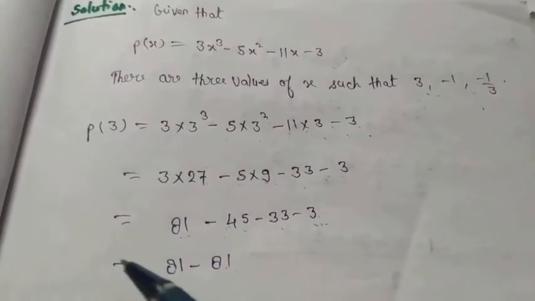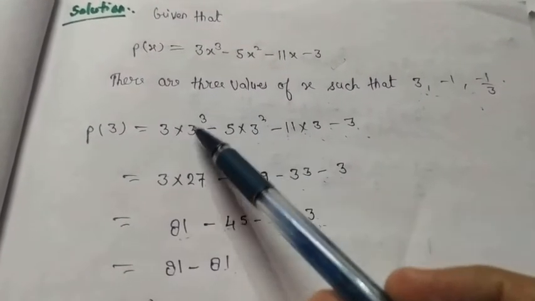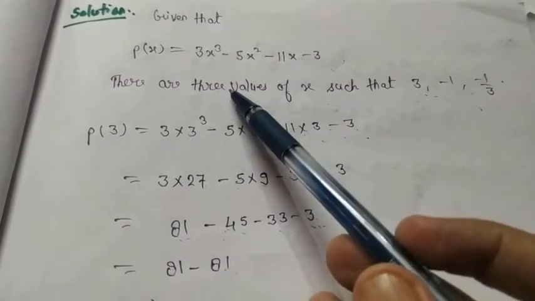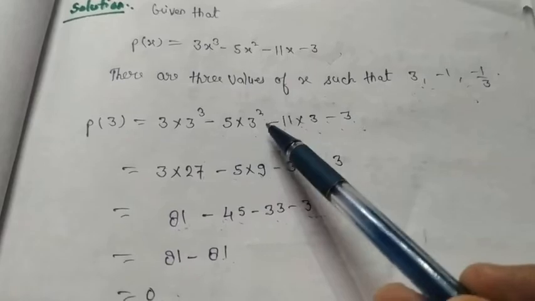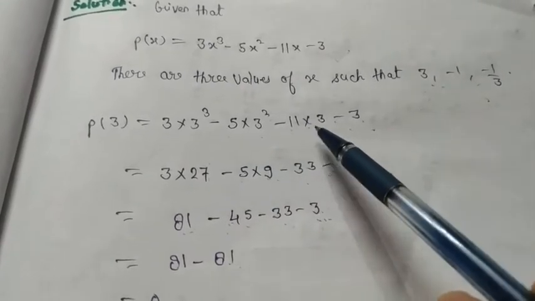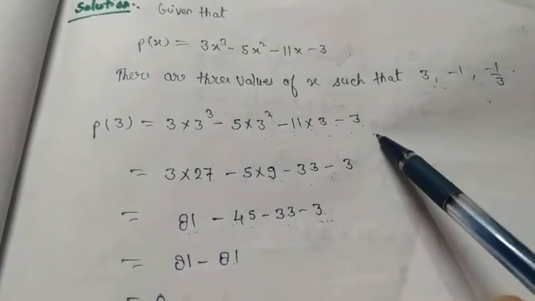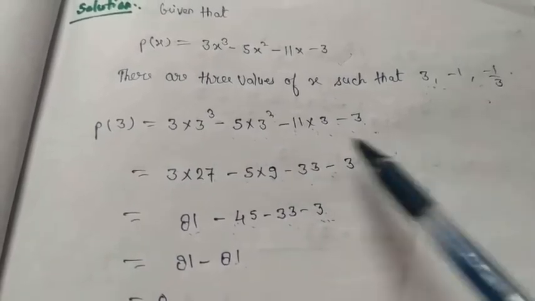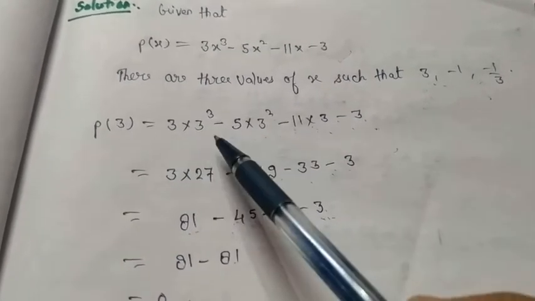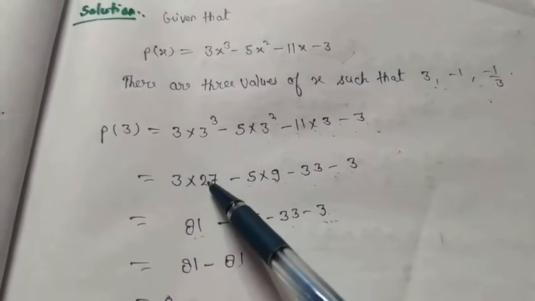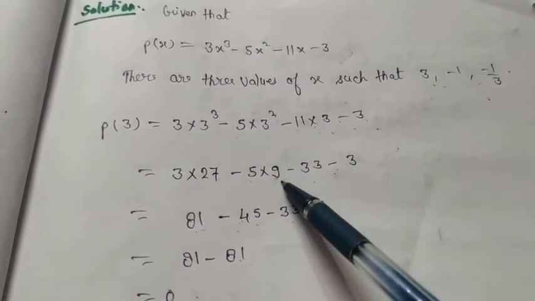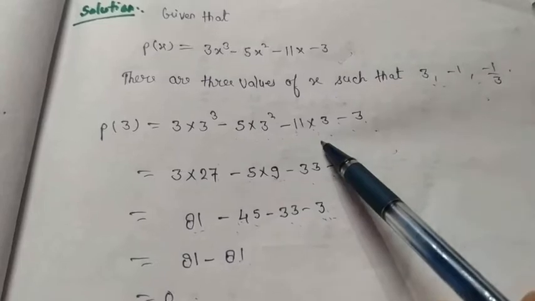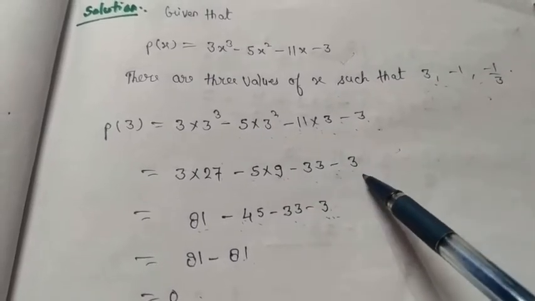So p of 3 is 3 into 3 cube, minus 5 into 3 square, minus 11 into 3, minus 3. When you solve it, 3 cube will be 27, minus 5 into 3 square, 9, minus 11 into 3, that is 33, and minus 3.